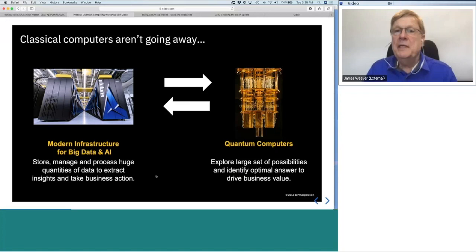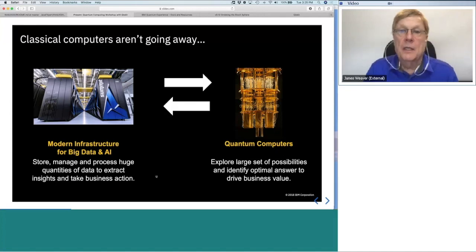But when we need to do something that a classical computer can't do, like model a chemical compound in high dimensional spaces, then we could think of the quantum computer as a quantum processing unit that we request the services of to do that very computationally complex thing that's in the wheelhouse of a quantum computer.